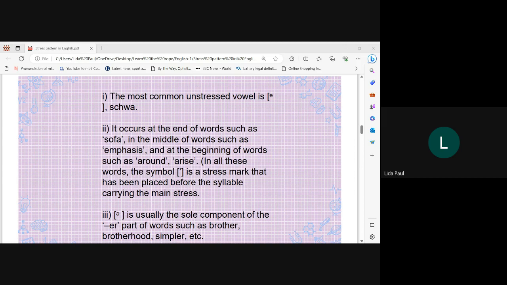It is the only unstressed vowel sound in the English language, right? So whenever there is a schwa in a syllable, now it's a vowel, so it definitely has the property of forming a syllable. It can form syllables. But when you spot a schwa in a syllable, you automatically know that that particular syllable is not going to take the stress.